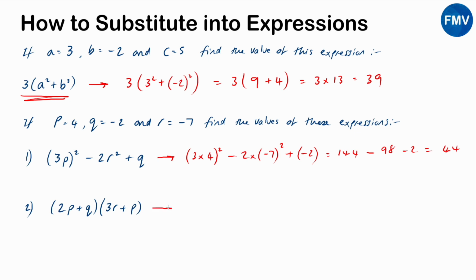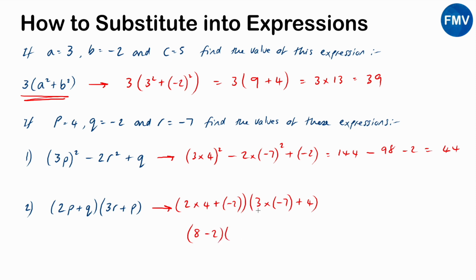This last one, same thing, we just substitute. So 2 multiplied by P, which is 4, plus Q, which is minus 2, all multiplied by 3 multiplied by R, which is minus 7, plus the value of P, which is 4. I'll do this one underneath. So 2 times 4 is 8. Positive minus 2, well that's a minus 2 because a positive and a negative become a negative.